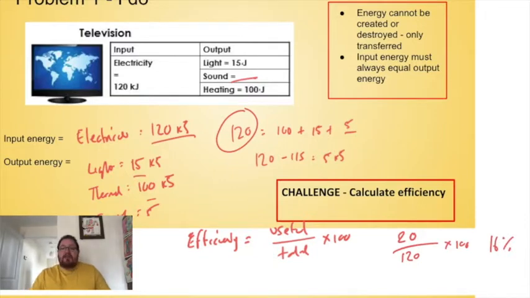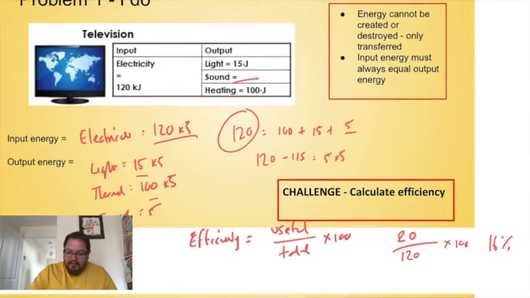I'd encourage you to do that on a calculator just to check me. 20 divided by 120 is 0.16, and when you times it by 100, it's 16%. So 16% efficient. That means that TV is not very efficient at all, because only 16% of the energy going in is useful.